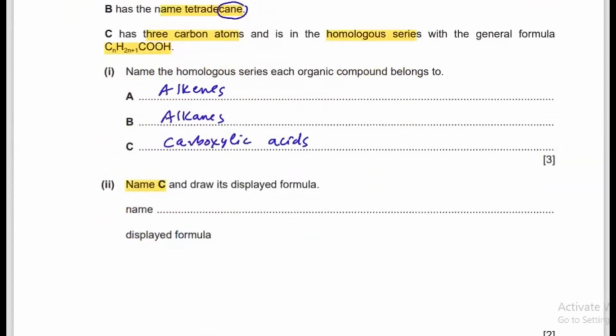Name C and draw the displayed formula. So C has 3 carbon atoms, including this carbon atom. So if we add this carbon atom, it means there are 2 more carbon atoms. So the name must be propanoic acid.